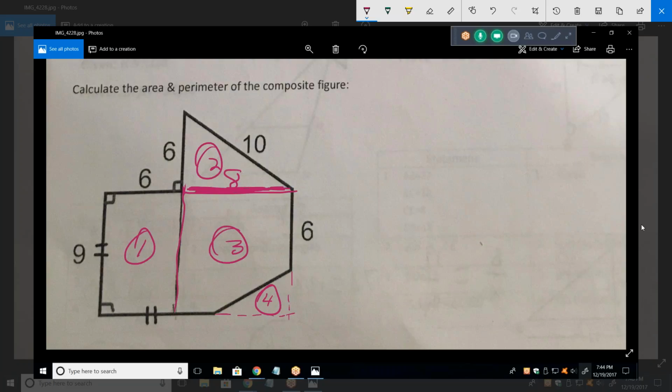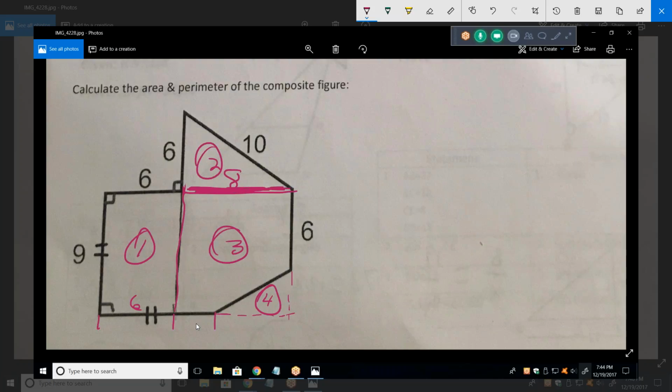Plus, because this double hash mark means that is 9, which makes that, what, this measurement right here? 9 minus, oh wait, sorry.